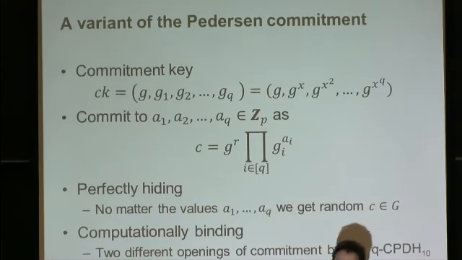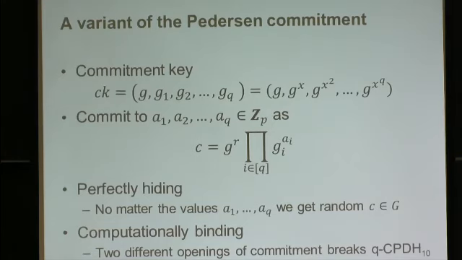It's hard to find two different openings of this commitment, so it's hard to find a different r prime and ai primes that would give us the same commitment. So once we have this commitment, the prover can only have one set of ai's in mind.